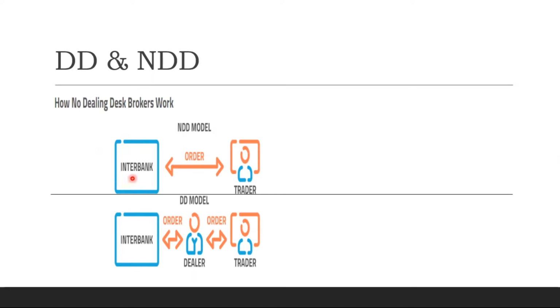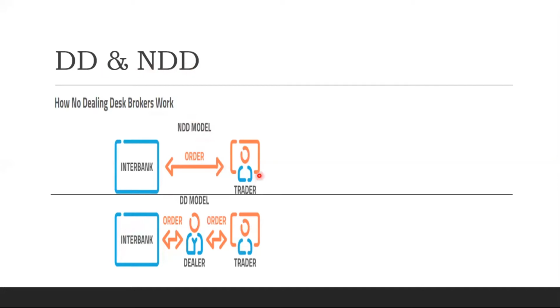Those banks are available in Europe, America, Asia, and Japan as well. So when we categorize the brokers, which act as a mediator between us as traders and those 14 banks and the financial companies, we divide them into two major types, dealing desk and no dealing desk.